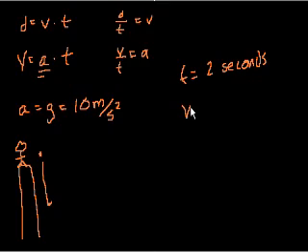Velocity is equal to acceleration. Well, acceleration is the acceleration of gravity, so that's 10 meters per second squared. Velocity will be 10 meters per second squared times time, times 2 seconds.